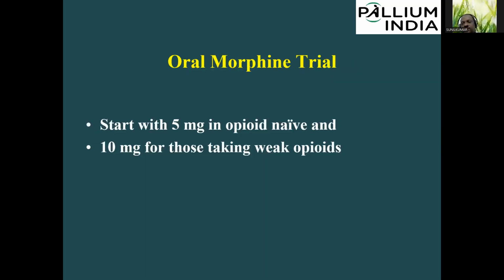And if injectable morphine is not available, you can give either oral morphine or even subcutaneous morphine. So oral morphine, you can start with 5 milligram in an opioid naive patient, that is who has not taken any opioid previously. And if the patient is already on weak opioids like tramadol, you have to start with 10 milligram every 4 hourly.